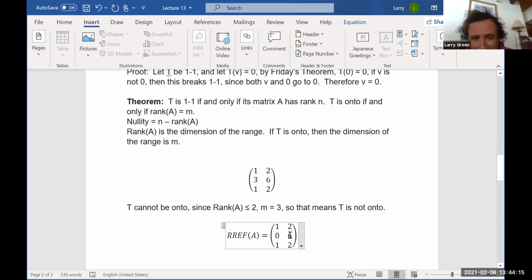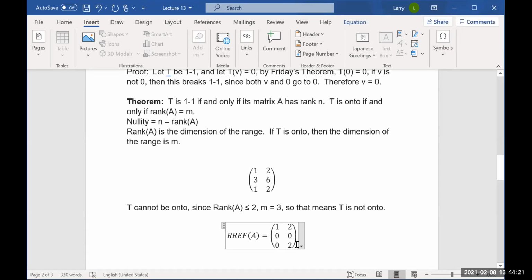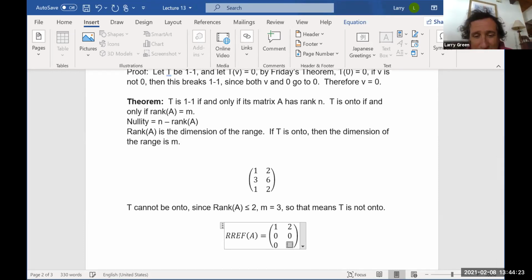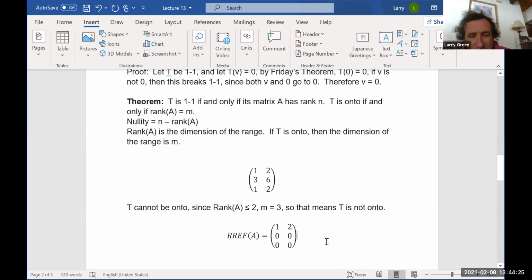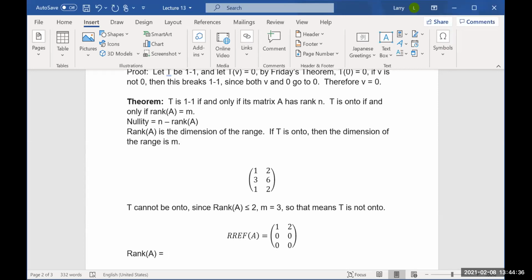Yeah, so the first row is 1, 2, and the last rows are both zeros. I'm not sure if you can do that in your head, but it's not that bad. So what is the rank of A in this case? 1. Yeah, the rank of A is 1.